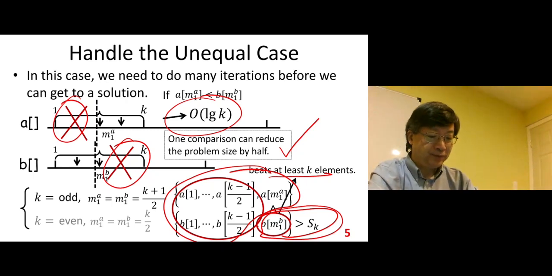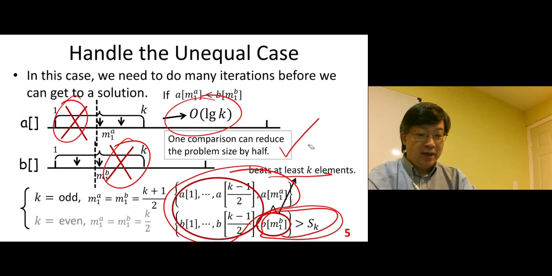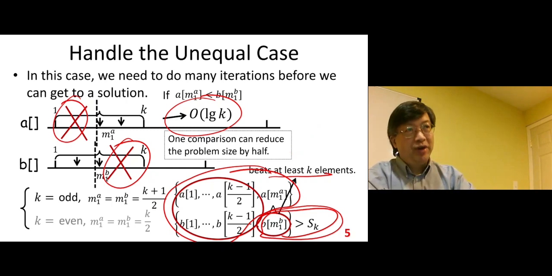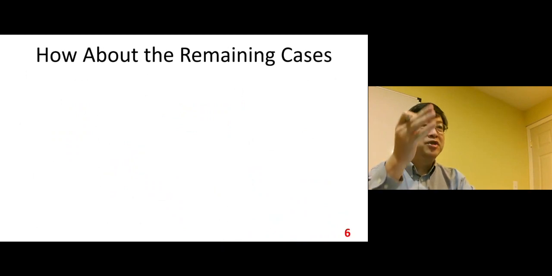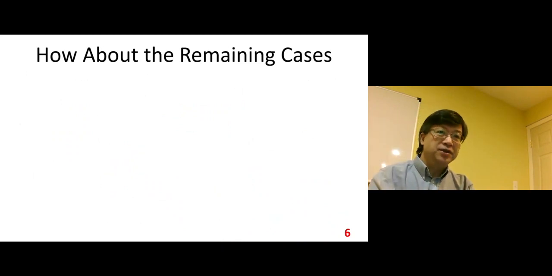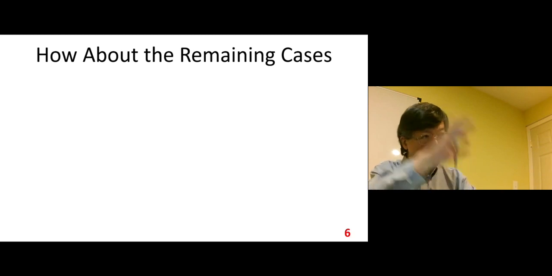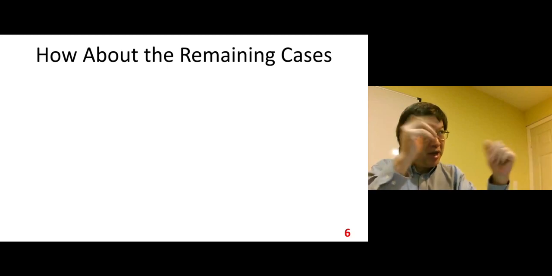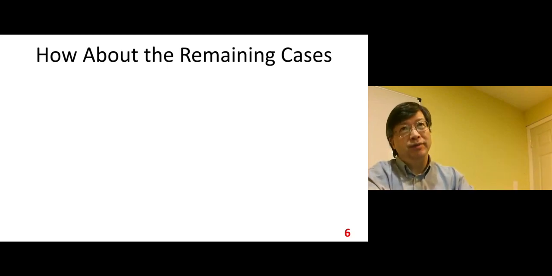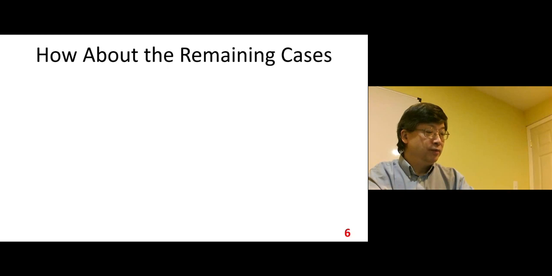All right. So that's pretty close to our final answer, but there are several remaining cases we need to consider. Then we complete the whole discussion. The base case we already covered, the most basic case.